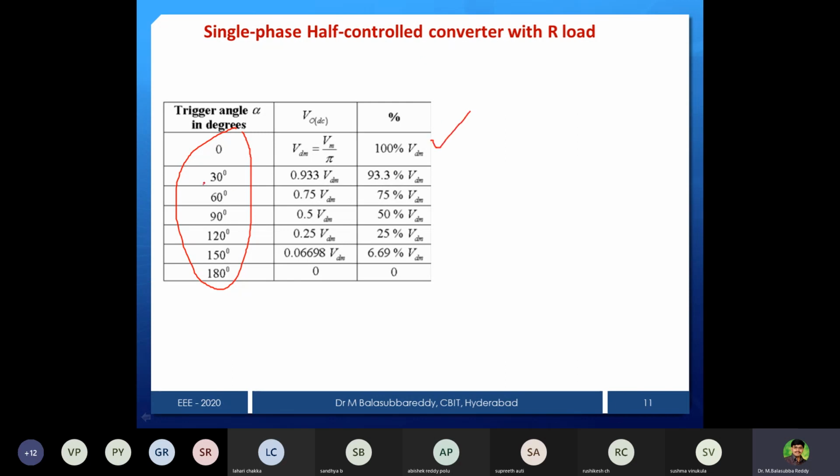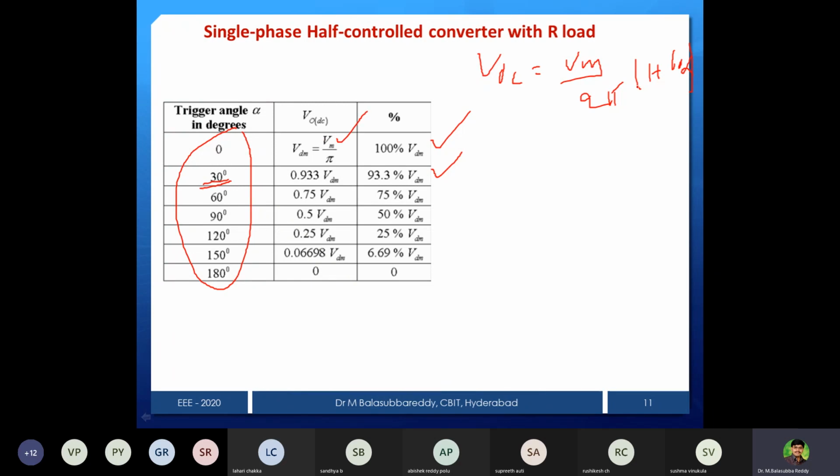If alpha is 30 degrees, then you use the formula. The VDC formula is Vm by 2 pi into 1 plus cos alpha. Now put alpha is 0, cos 0, then 2 will get cancelled, Vm by pi.